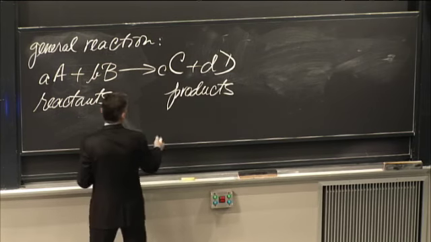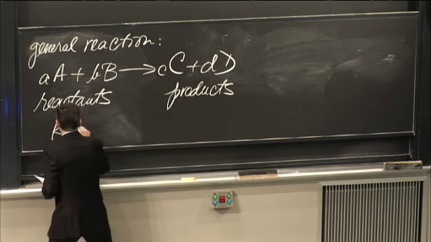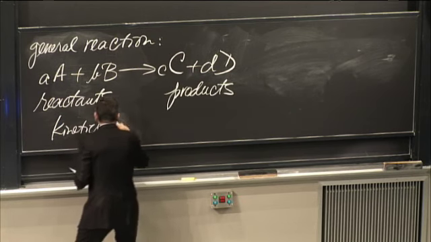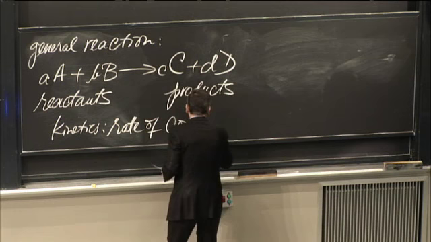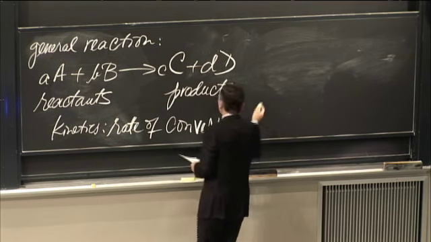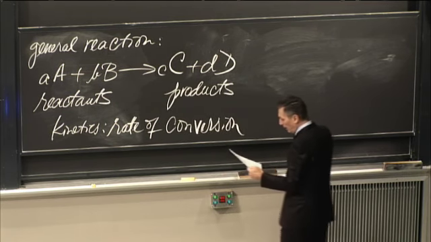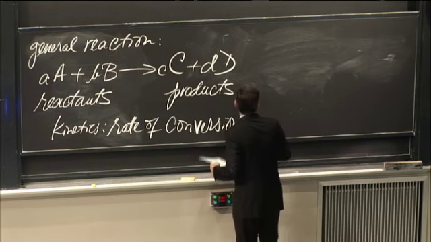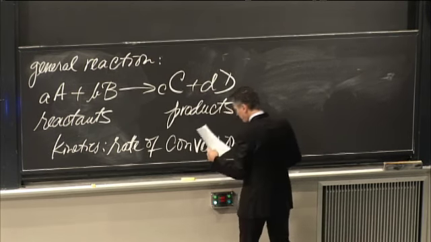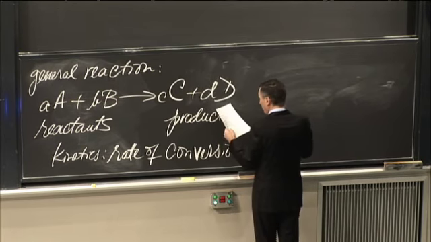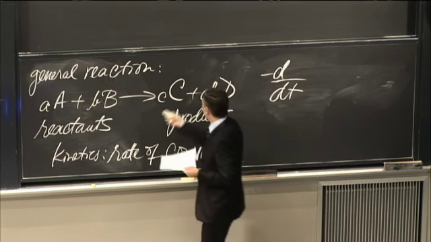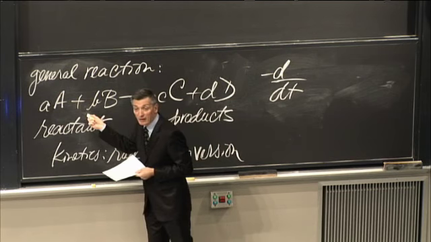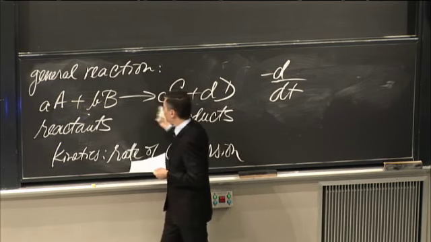And what kinetics gives us, kinetics tells us the rate of conversion. The rate of conversion or the rate of reaction. I'm using all these terms so you understand their equivalence. And so we can write something like this where conservation of mass kicks in. So I can't make products any faster than I consume reactants. There's no sources or sinks here.